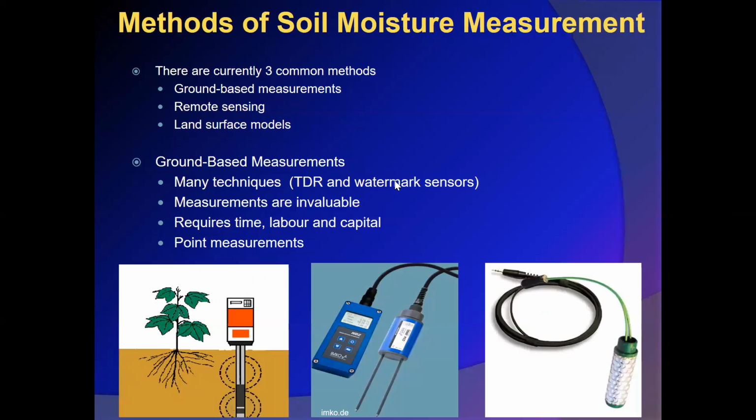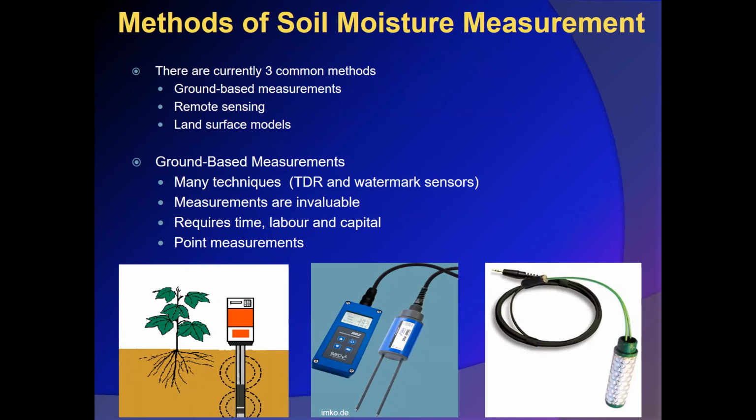The last thing I want to talk about is soil moisture measurement. If you think about it, understanding soil moisture is quite a tricky task in itself, in that in order for us to understand soil moisture, we essentially have to know what's going on almost everywhere.